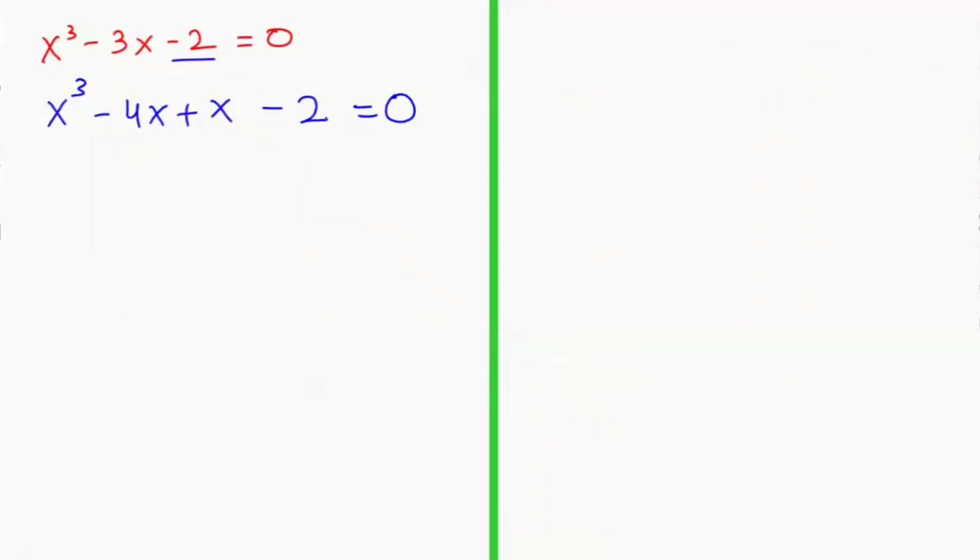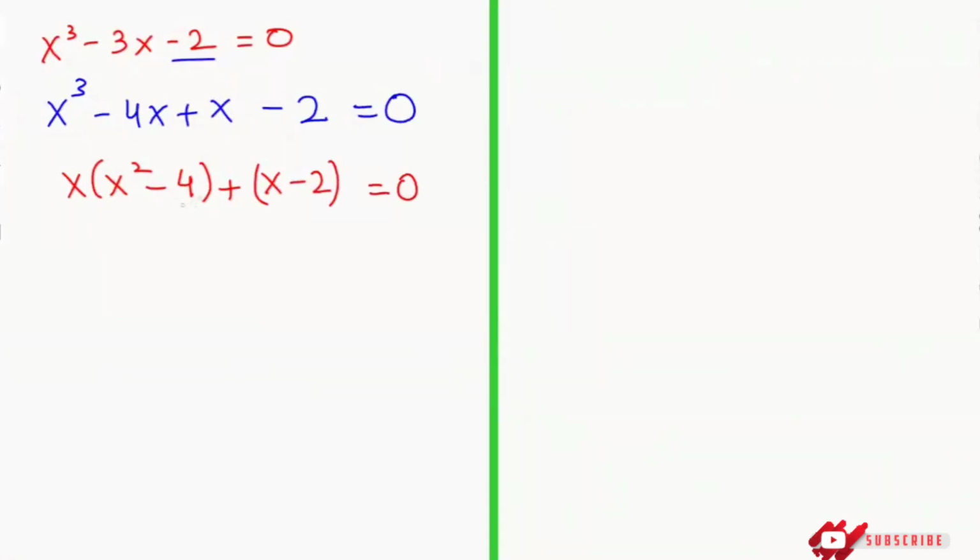Now next I am going to take x common, and write x times x square minus 4 remaining, plus here x minus 2 is equal to 0. Next, I am going to change this in the form of a power. So x times x square minus 2 to the power of 2 in brackets, plus x minus 2 is equal to 0.